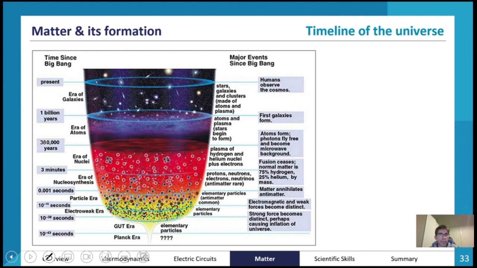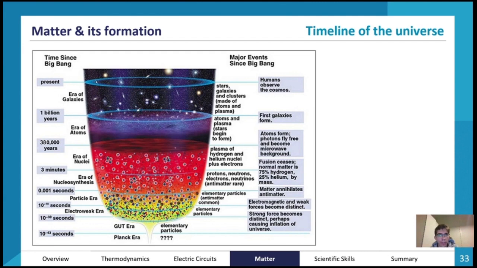Now, obviously, that meant that there were quarks and different, very small elementary particles at the very beginning, and then those elementary particles gave rise to more complex particles.